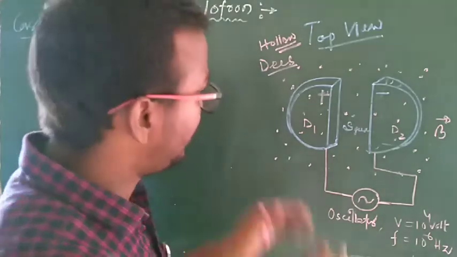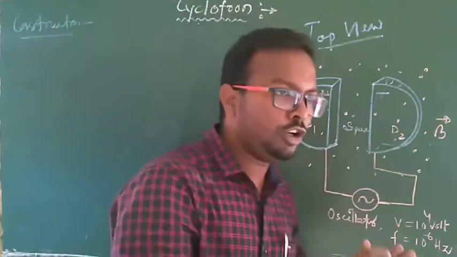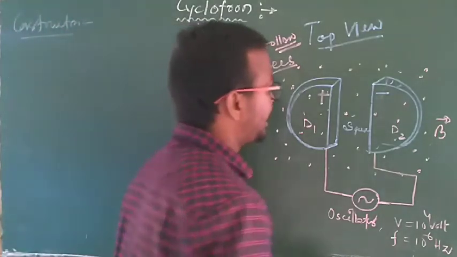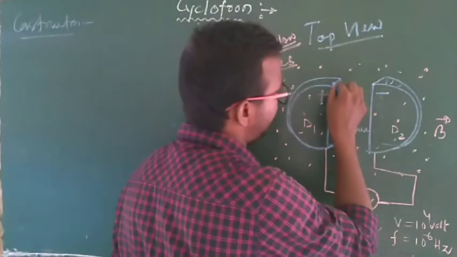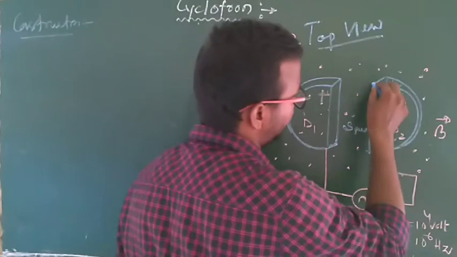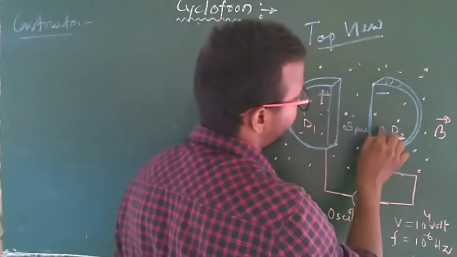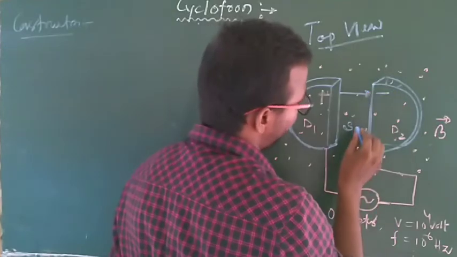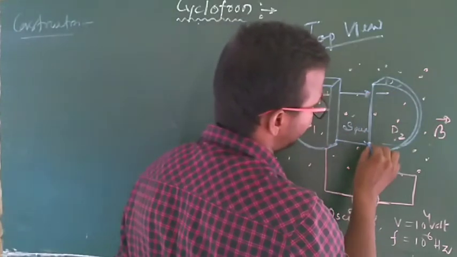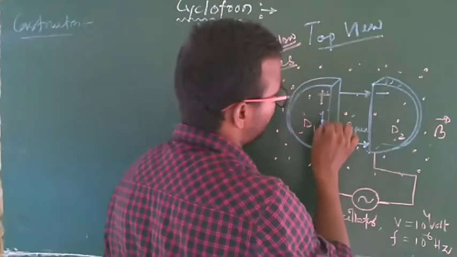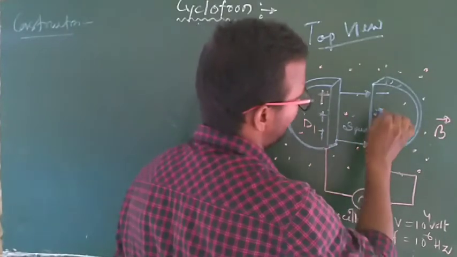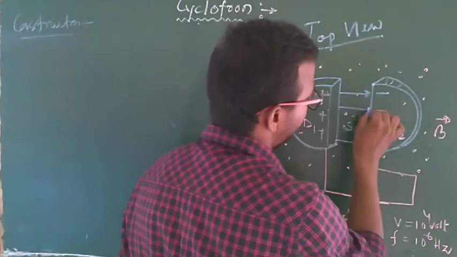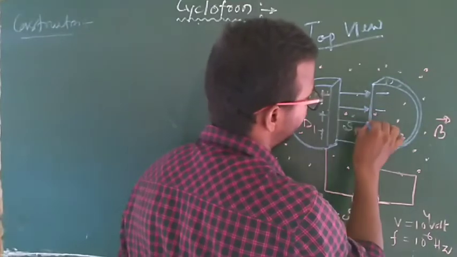Why? Because inside a hollow conducting material the electric field is 0. So there is an electric field in the gap between D1 and D2 in this direction, because the electric field always goes from the positive terminal to the negative terminal. Here D1 is positive and D2 negative. This is the direction of the uniform electric field.